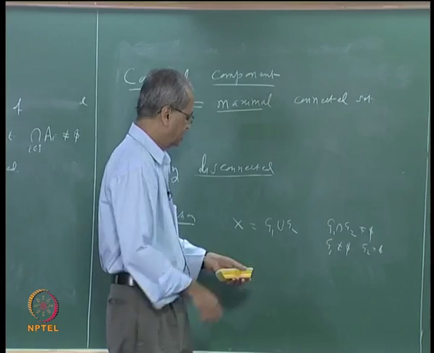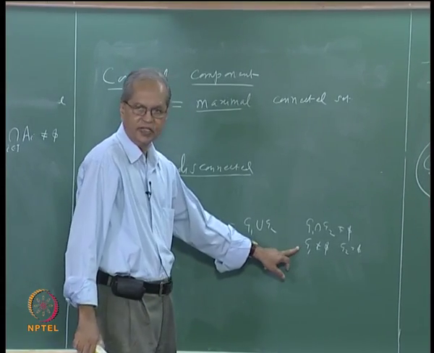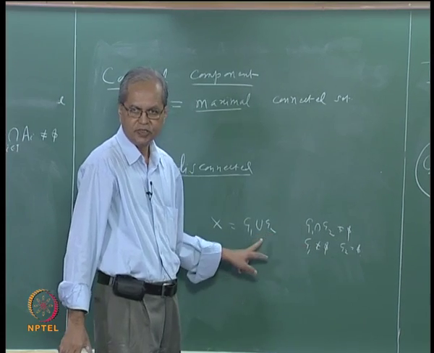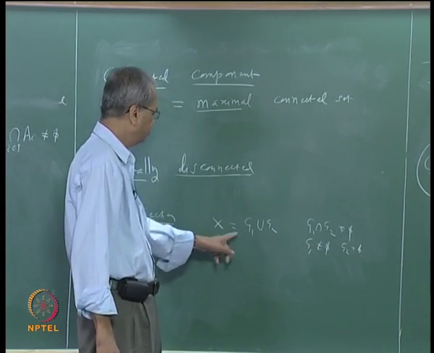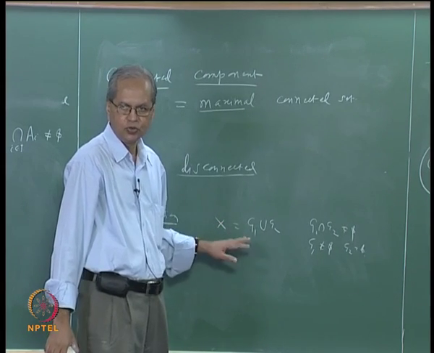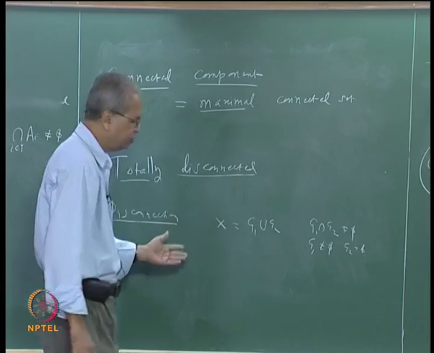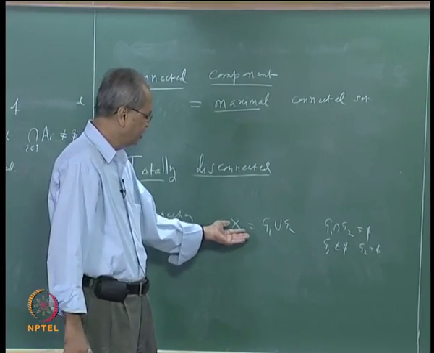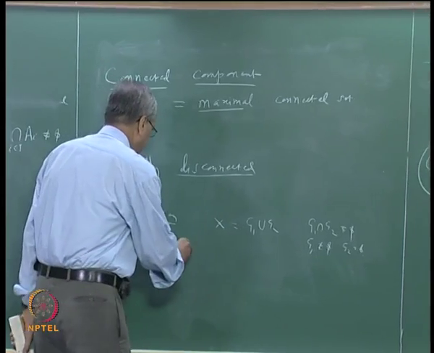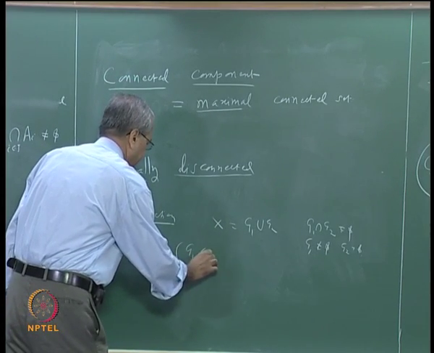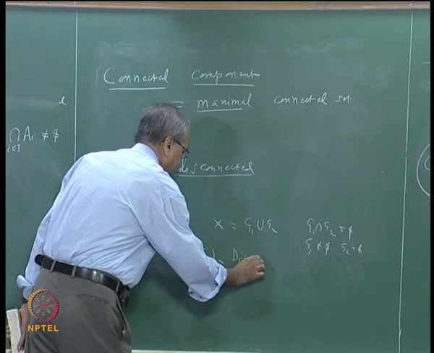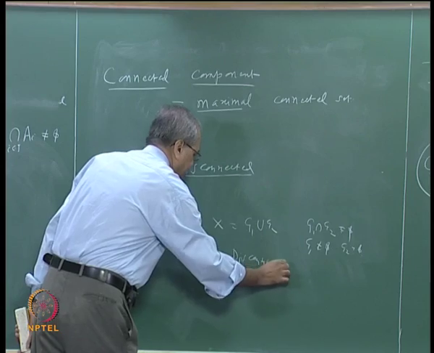Normally we would have said G1 intersection X is non-empty, but G1 intersection X is just G1. Similarly for G2. And we would have said X is contained in G1 union G2, but that is the same as saying X is equal to G1 union G2. So if the metric space itself is not connected, then you can find two open sets satisfying this. This G1, G2 is called a disconnection of X, if such sets exist.